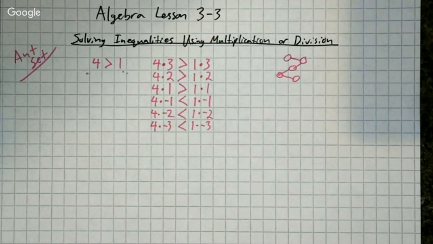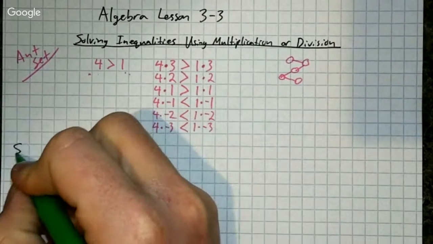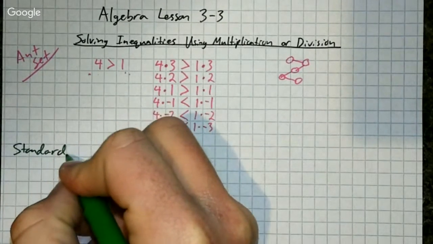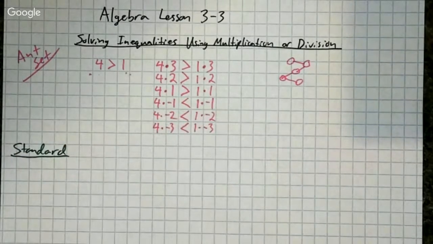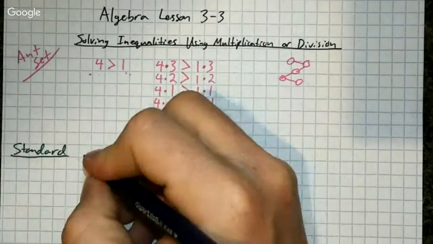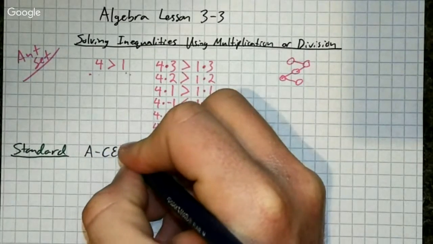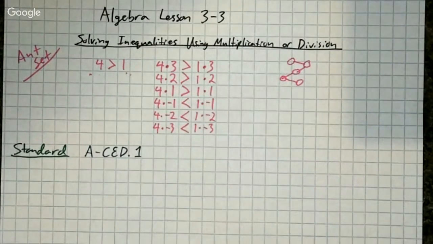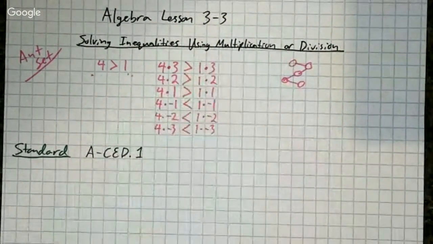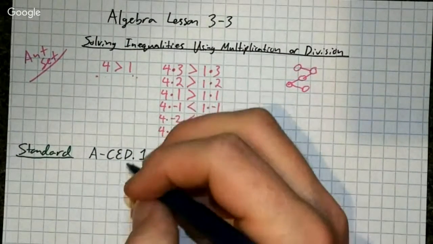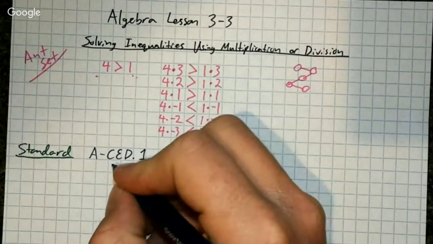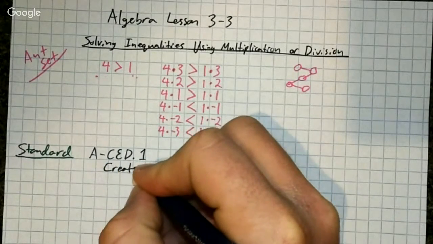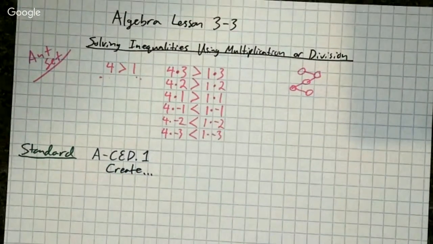Okay. We have a few standards to write down. So let's go ahead and get started with our standard. Our first one is going to be A-CED.1. And we've done this one before. We're going to write just sort of the main ideas of this one. Okay, we're going to make it a little bit smaller. It's going to say create, and then go ahead and put an ellipsis right there.